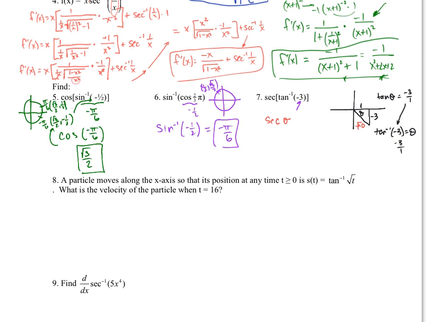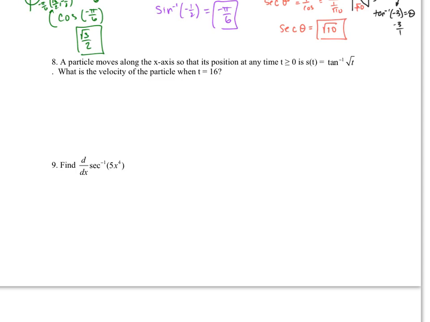And the secant is 1 over the cosine, and the cosine of this would be 1 over root 10. So the secant of this theta, when all is said and done, is the square root of 10. All right, number 8. Let's move this up.